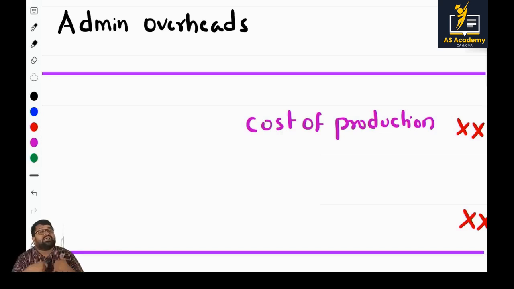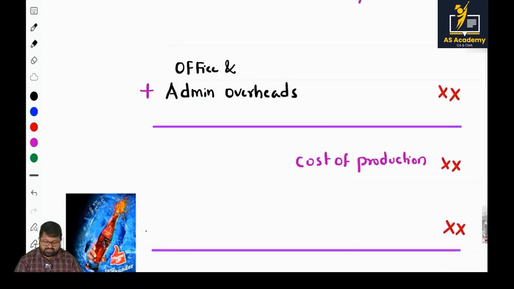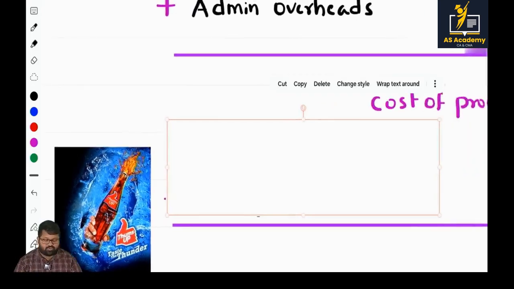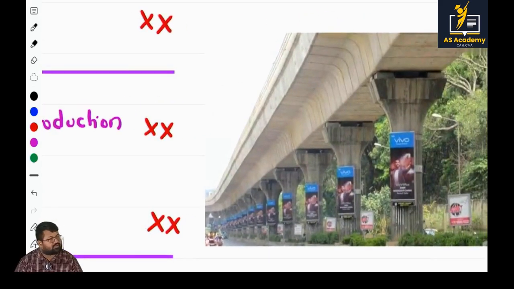But for making sales, what do we incur? Selling expenditure. If they want to sell this drink, what will they do? Advertisements with Ram, projecting Ram, like Mahesh Babu. Is it advertisement or not? It's an advertisement expense, to get the product sold.